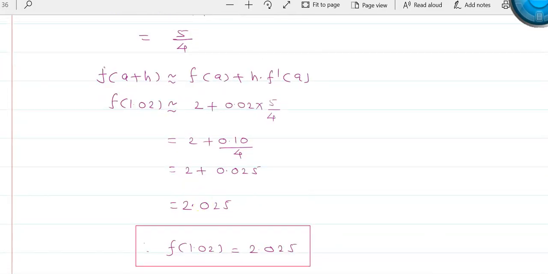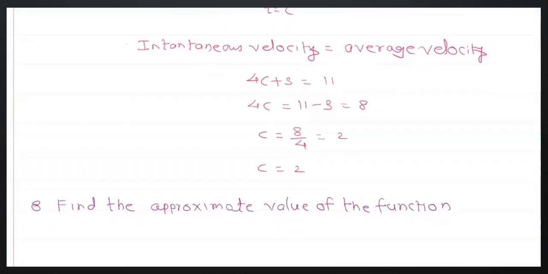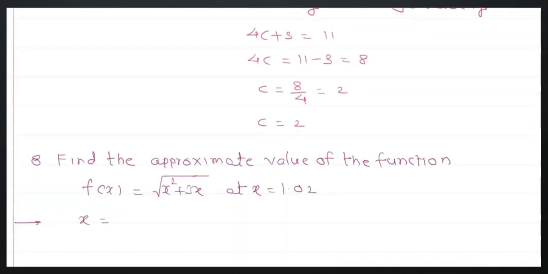Now see this again. Find the approximate value of the function f of x is equal to square root of x square plus 3x at x is equal to 1.02.